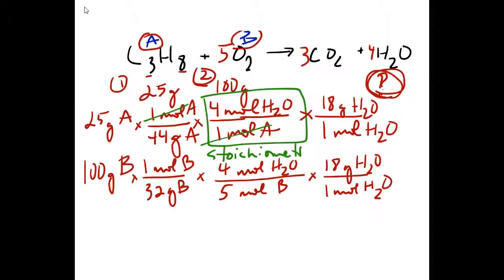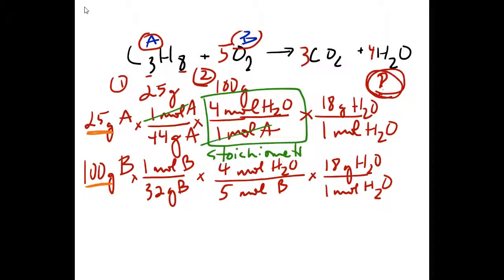Okay. Now I'm going to stop there for a second and have you compare these two calculations. You can see a couple things. First of all, you've only got 25 grams of propane and 100 grams of oxygen.